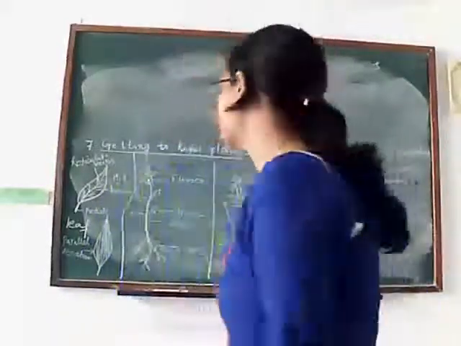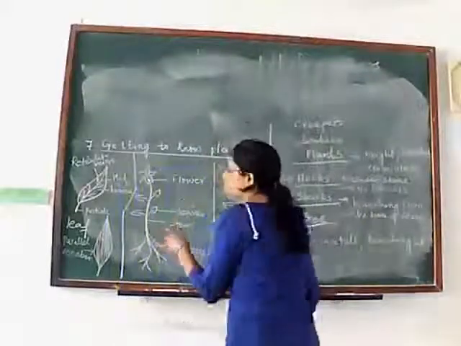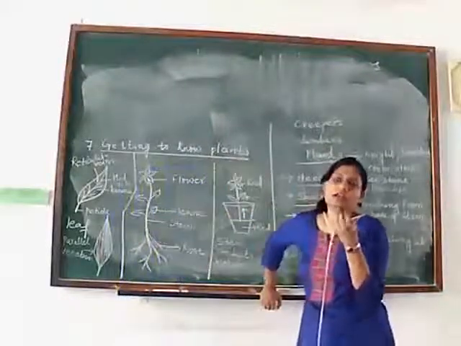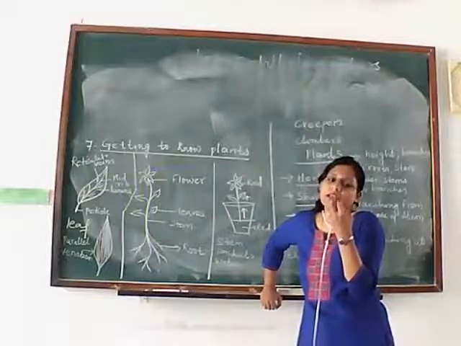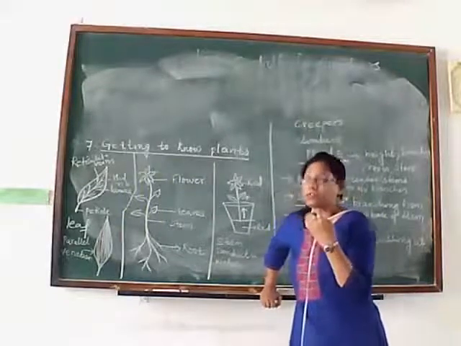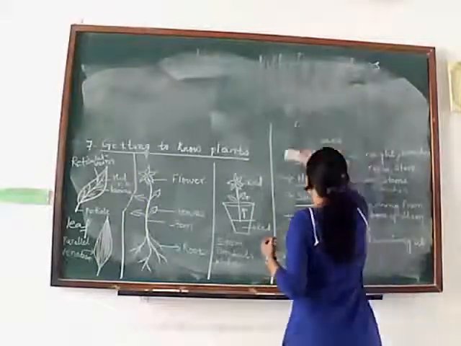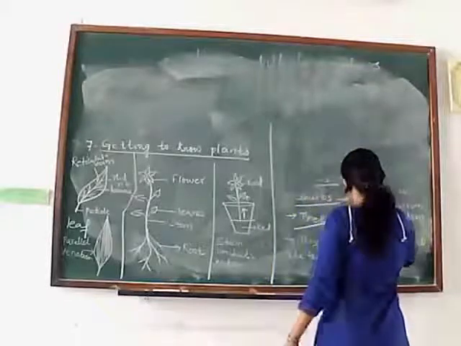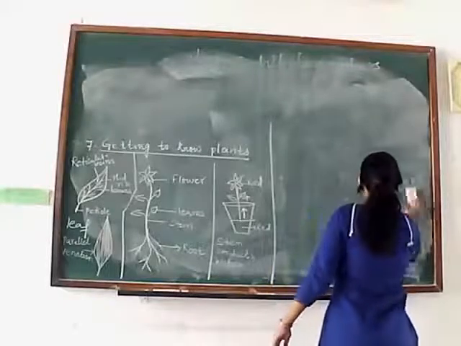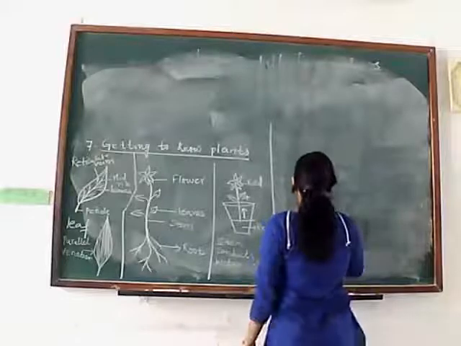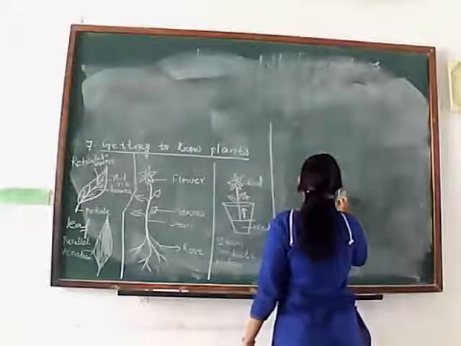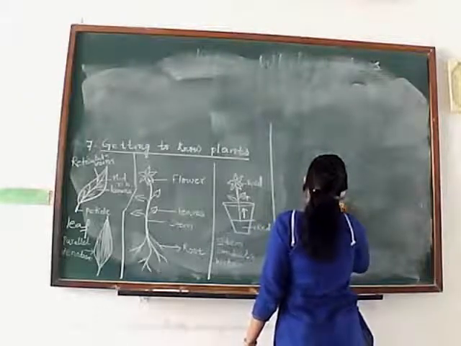See, what is transpiration? Plants lose water when they are kept in the sun. So say this is a plant. It's a branch of a plant.